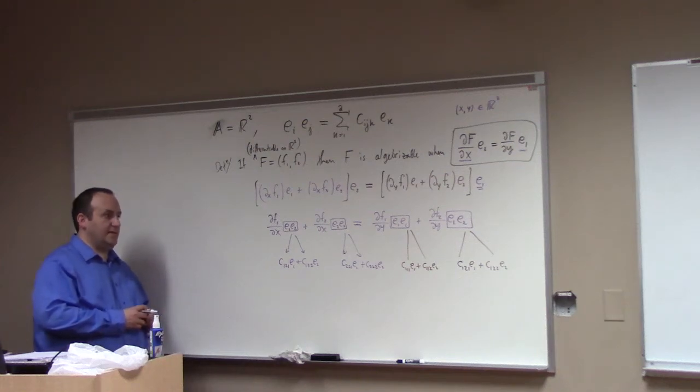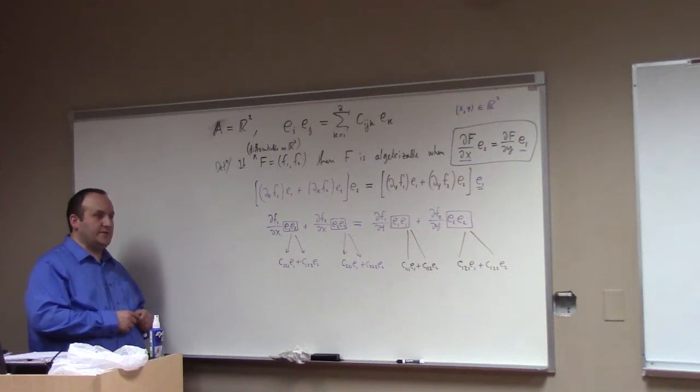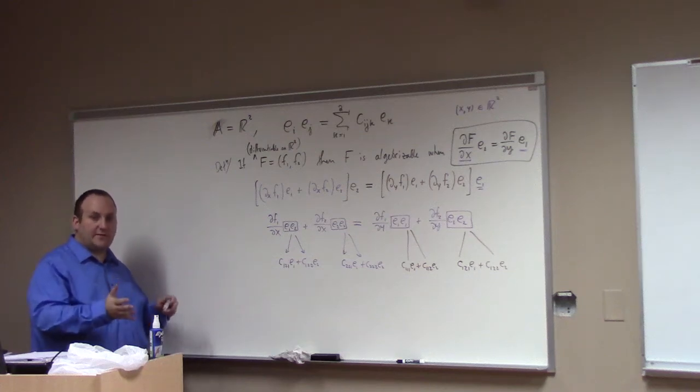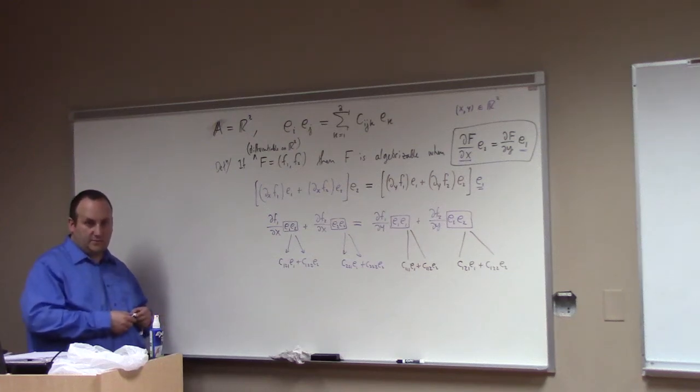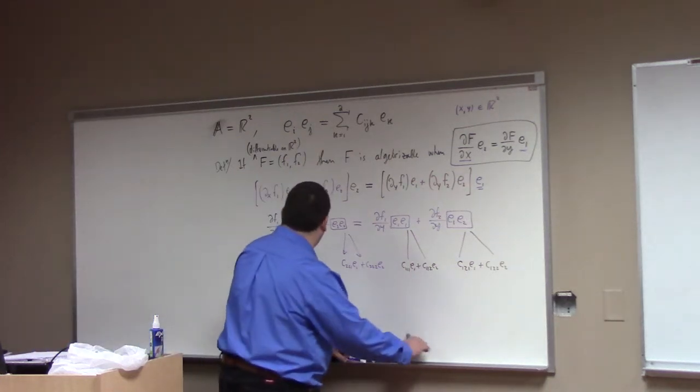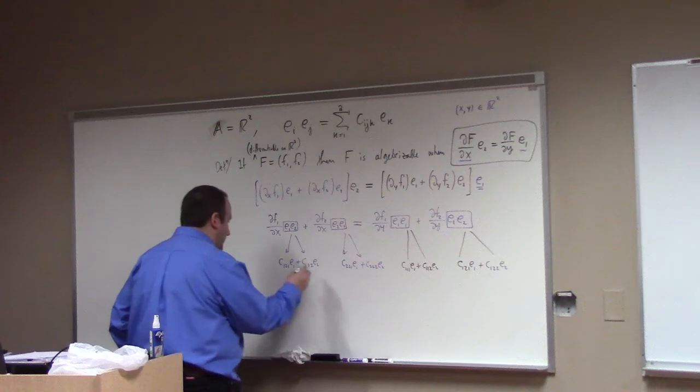All right. Then the next thing we do is write this all out, collecting e1 terms and collecting e2 terms. So I'm going to put everything with e1 together, and everything with e2 together. All right? So let's see here.